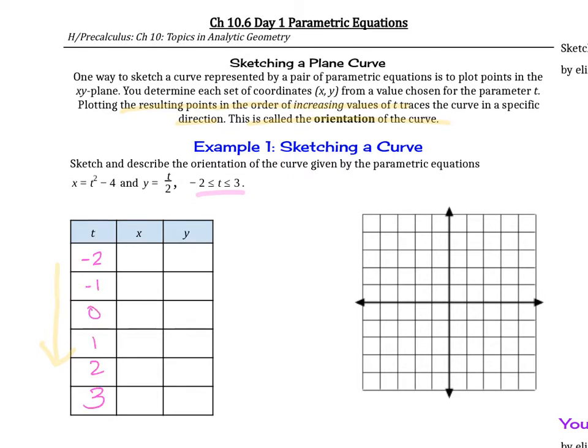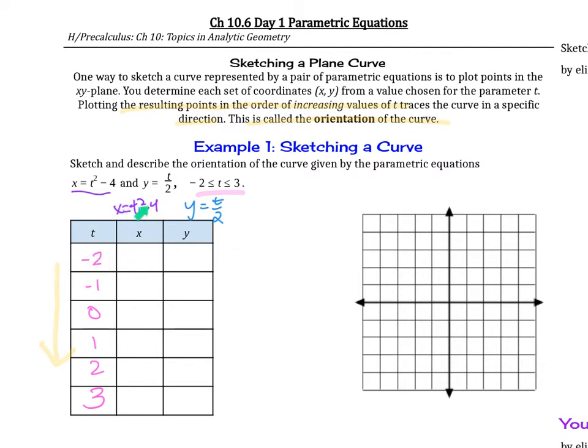So we're going to plug in each of these values into each of these equations. To get our x value, we plug t into this equation, and to get the y value, we plug into y equals t over 2. So let's plug in, for example, -2.